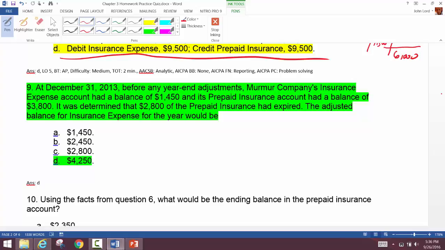It is determined that $2,800 of the insurance had expired. So what do you want to do with this? $2,800 is expired. What do you want to do with it?